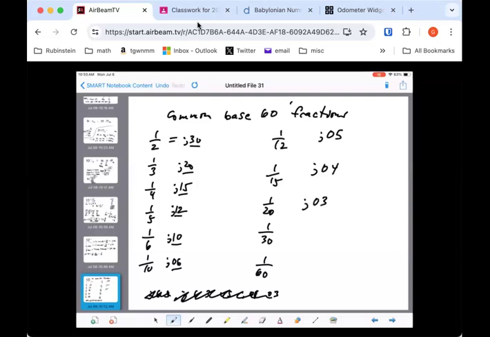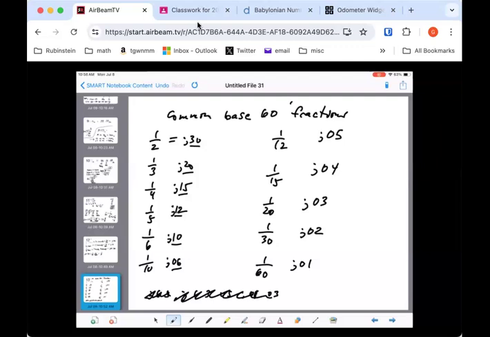3 minutes is 1/20th of an hour. 2 minutes is 1/30th. I threw in 1/60 because might as well. So these are all the nice sort of decimals I could make to represent various fractions.